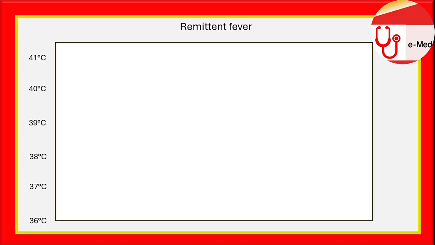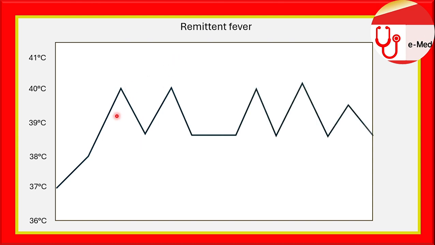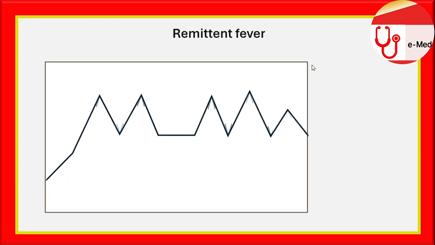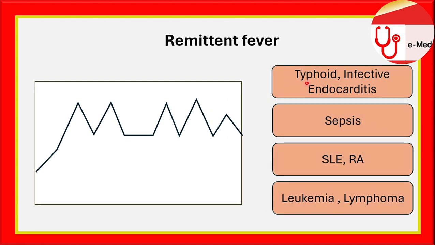So first one is remittent fever. In this kind of fever, the temperature goes up and down, but the fluctuation in temperature is more than 1 degree Celsius and it doesn't touch the baseline. The examples of remittent fever include typhoid, infective endocarditis, sepsis, connective tissue disorders like SLE, rheumatoid arthritis, or leukemia, lymphoma.